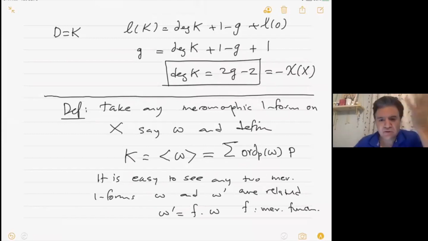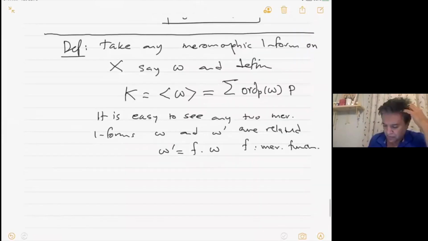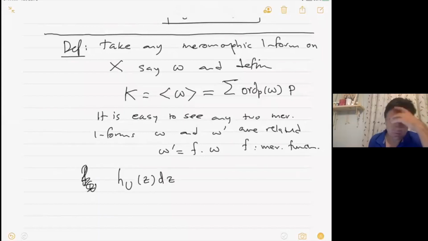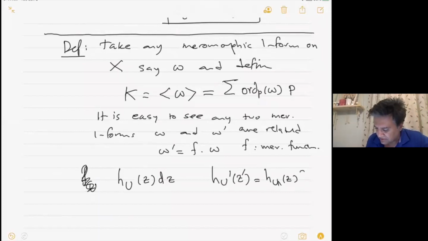And the reason for this is just looking at the definition of a meromorphic form. A meromorphic form is given by a collection of, let's use another letter, let's say h_U(z) dz, on each of these open charts U. And this relation should be like this: h_U(z) equals h_U'(z') times the derivative of z' with respect to z.